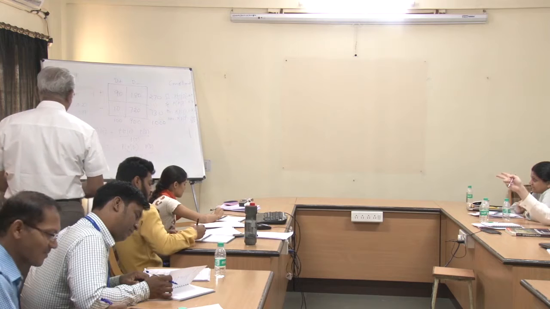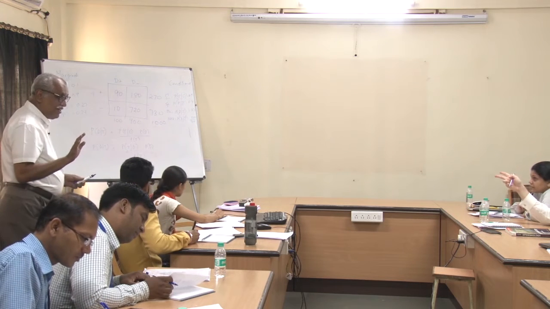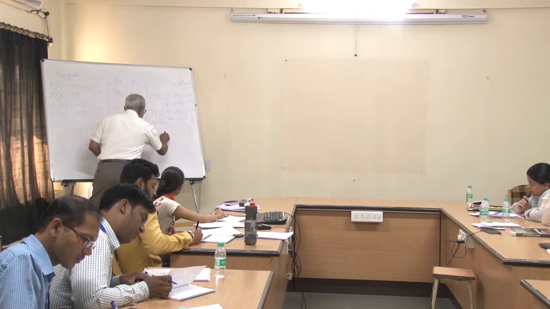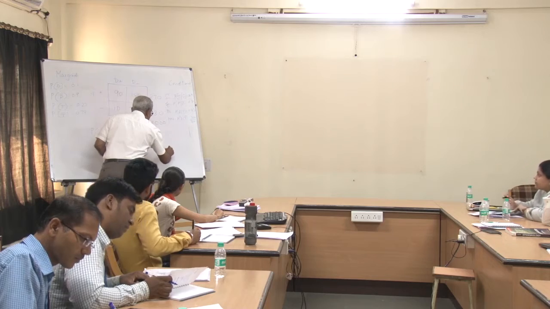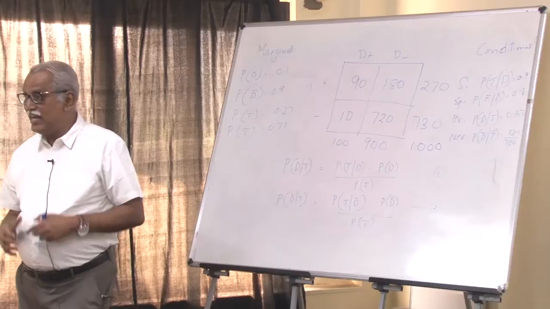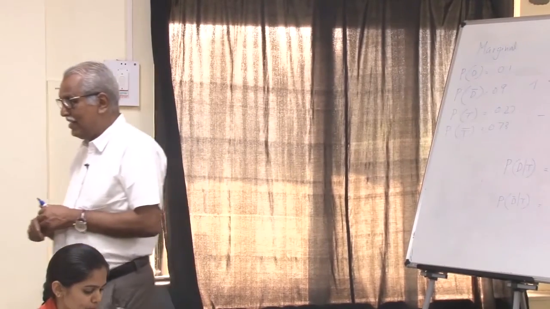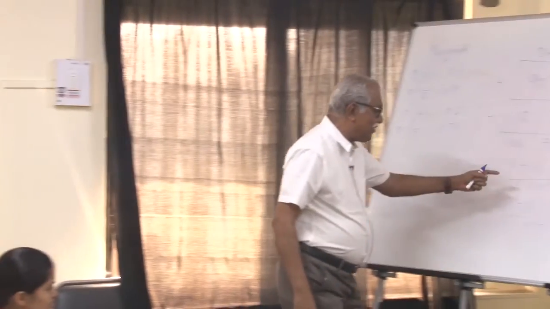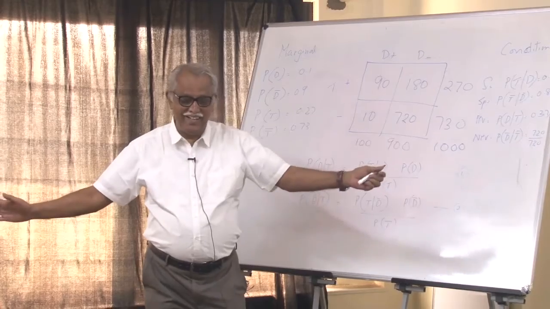You must be wondering where the hell this guy is going, right? Okay. Now, have you got it written down? Now, next step is I'm going to divide number 1 with number 2. When I divide like that, first thing that happens is probability of T and probability of T disappear.